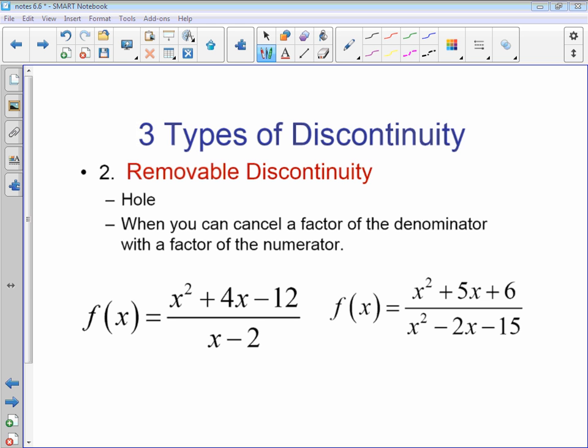We can call it removable or we can call it a hole. And we'll look at both of these f of x's. So, Simi, your favorite, factoring?